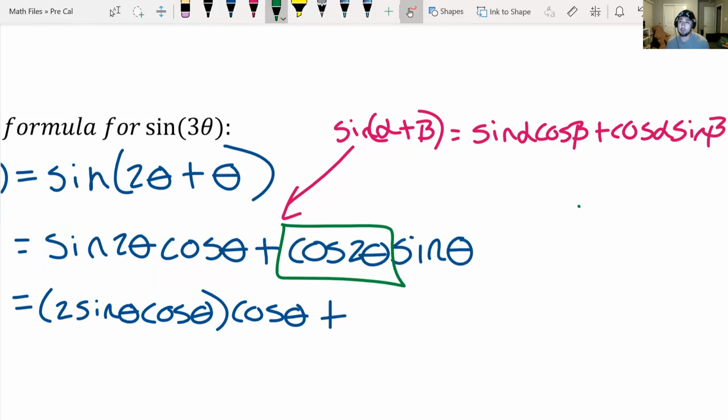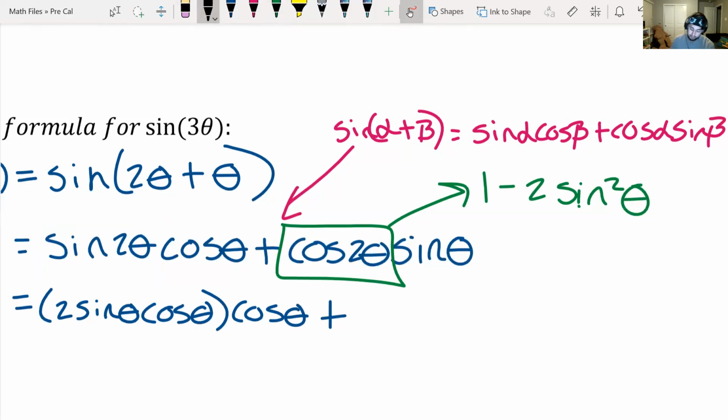Okay, so the one we're going to choose for this is, I'm just going to say we are assuming to put this all in terms of sine. That's all we want. We want this all in terms of sine. So for this cosine 2 theta formula, we're going to use the 1 minus 2 sine squared theta. That's what we're going to use.